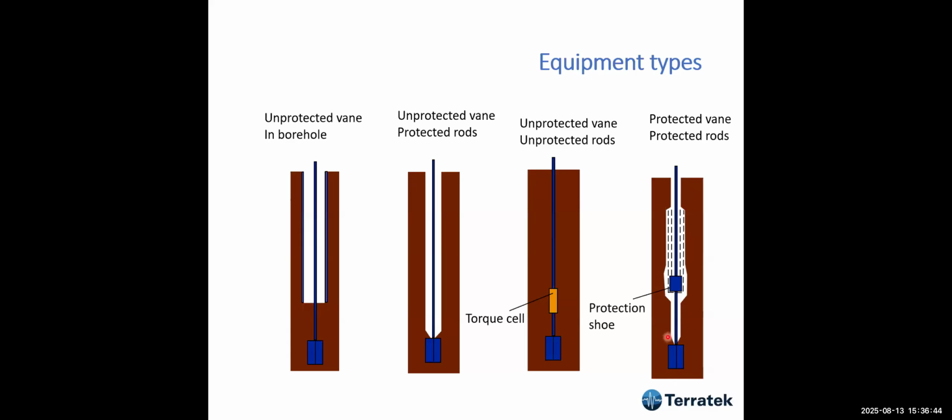And why? This is what's very important. The American standard allows you to do a dummy test in order to get the friction at this rod. This is allowed by the American standard, ASTM.